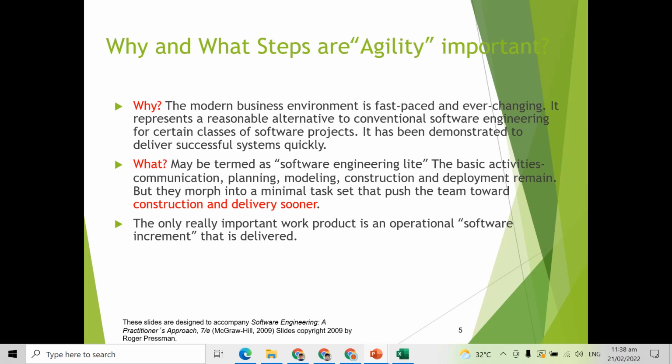And what may be termed software engineering light, the basic activities of communication, planning, modeling, construction, and deployment remain. But they morph into minimal task sets that push the team toward construction and delivery sooner. The only really important work product is an operational software increment that is delivered.